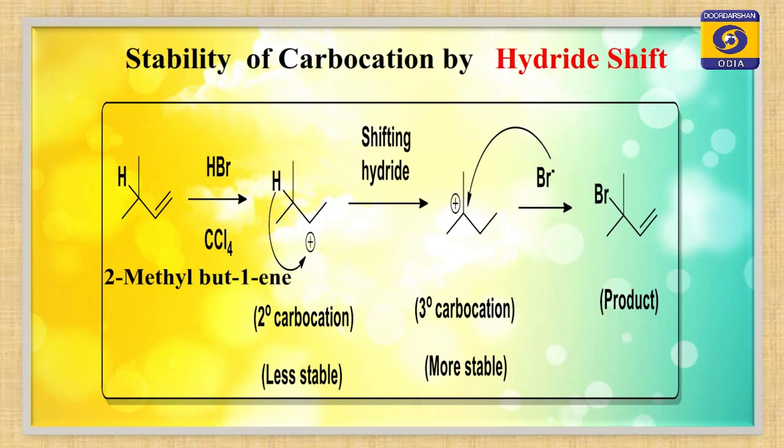If you have a 2 degree carbocation, by hydride shift you can get a 3 degree carbocation. If there is a possibility of stability shifting from 2 degree to 3 degree, or 1 degree to 2 degree, you shift the hydrogen or the methyl, or any group, to get a more stable carbocation, and to that more stable carbocation the halide ion, or X minus ion, will attach.